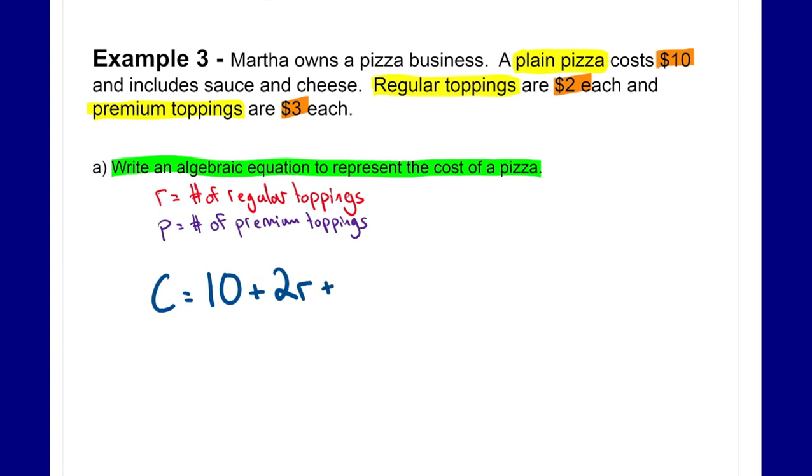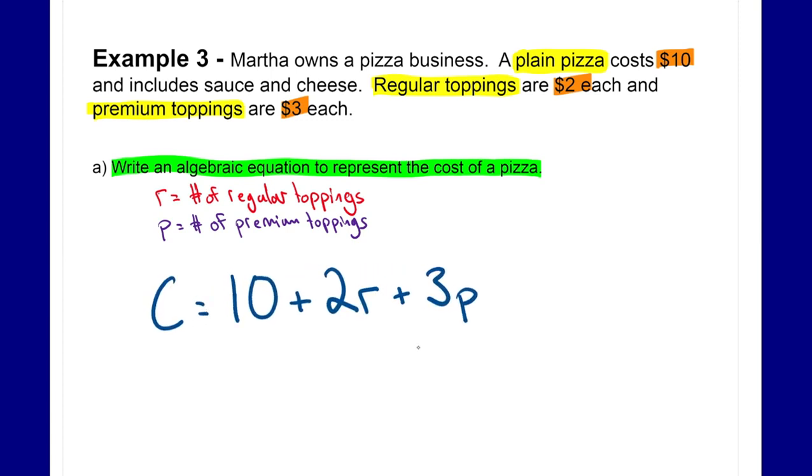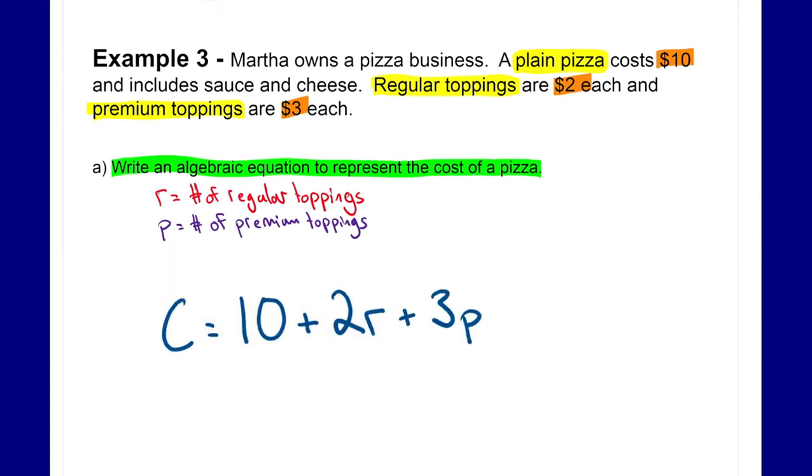I also have to add my premium toppings, which are $3 each. So it'd be 3 times P, 3 times however many premium toppings I get. And this will be my equation to represent the cost of a pizza. And I can also put C equals cost, just so we know what every variable represents.